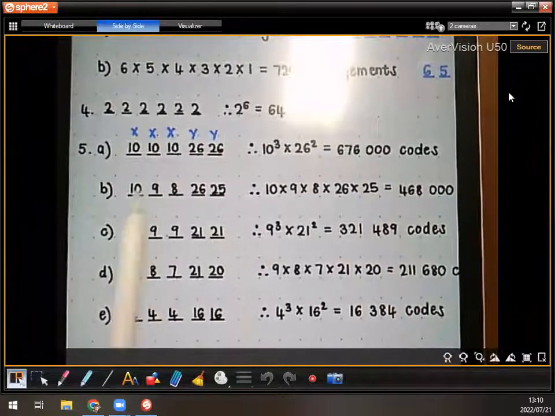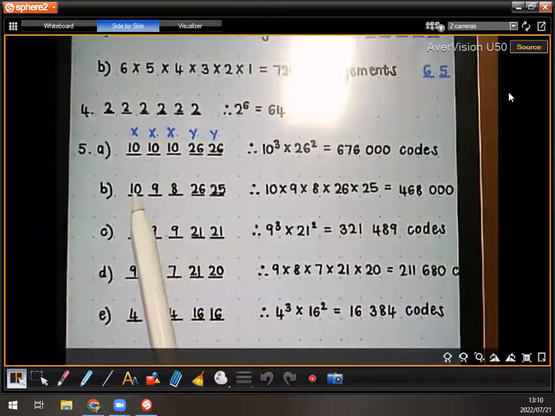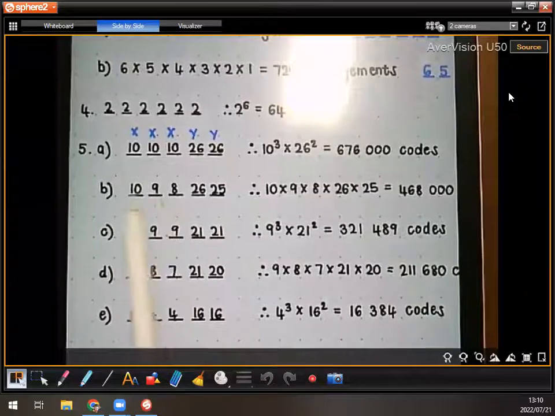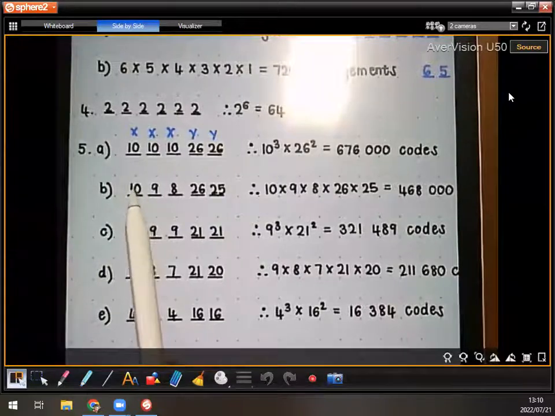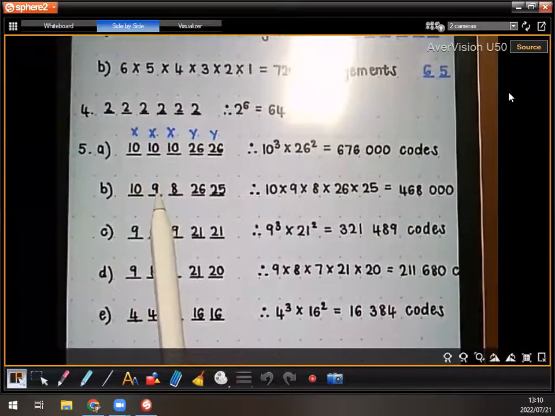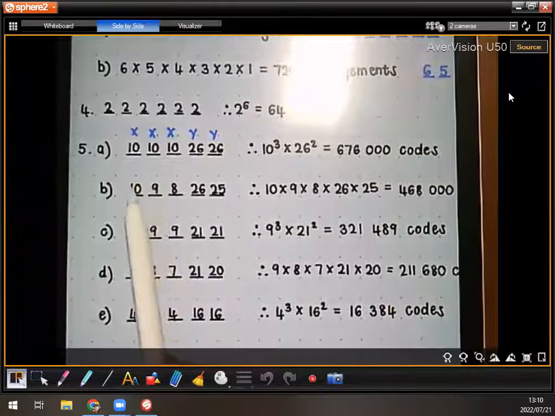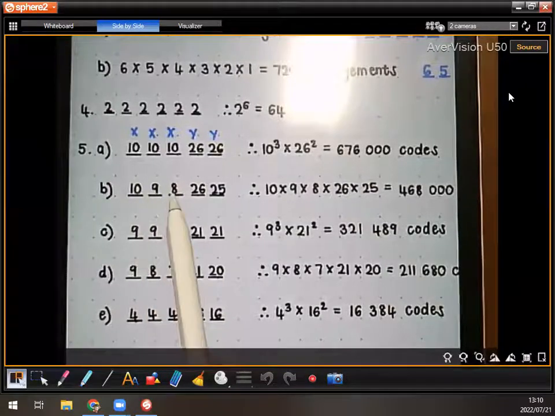For B, they were now saying the exact same thing, but now nothing can be repeated. Okay, so if you use 0, for example, there, you can't use it again. So now you have 10 digits to choose from for your first one, but now you can't use the one that you used in the first slot. So you only have 9 options for the next one. And then you've already used 2, so now you only have 8 options for the third one.